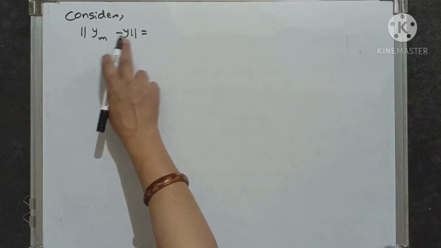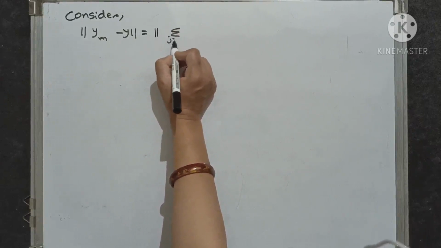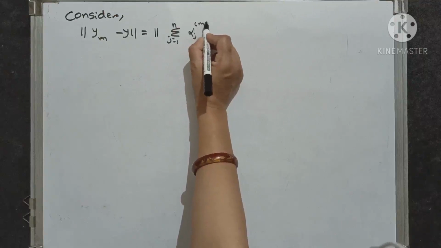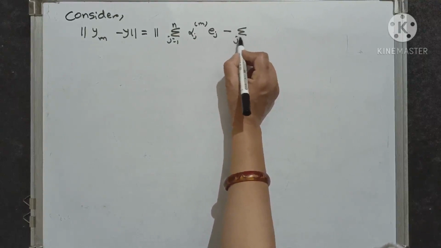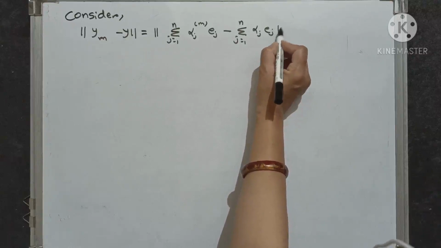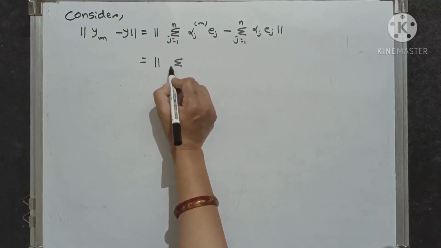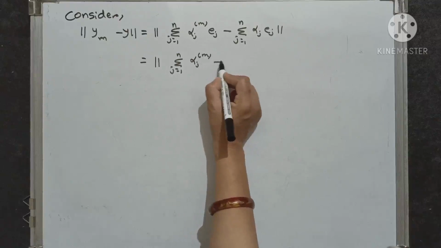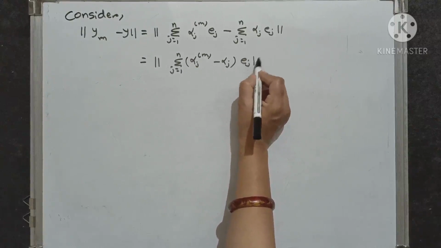Putting the values of ym and y, we write norm of summation j from 1 to n alpha jm ej minus summation j from 1 to n alpha j ej, which equals norm of summation j from 1 to n of alpha jm minus alpha j, in brackets, into ej.